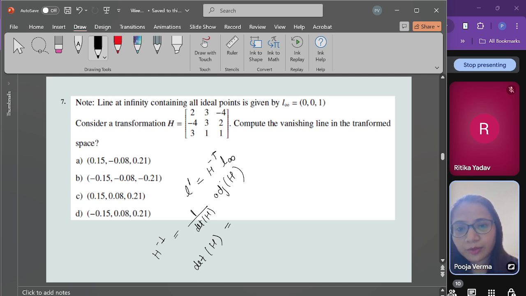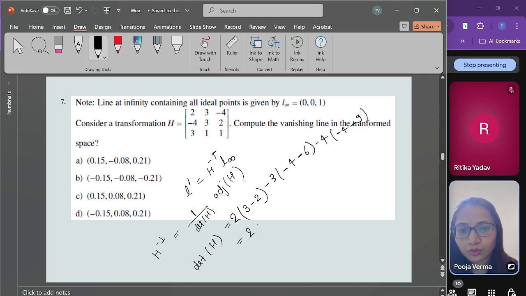Okay, so the determinant of H would be 2, right? First we are taking 2, this one, then 3 minus 2, then minus 3, take this one out, and then cross multiply these two: minus 4 and minus 6. Then again take it out, minus 4, and calculate with these two: minus 4 minus 9.